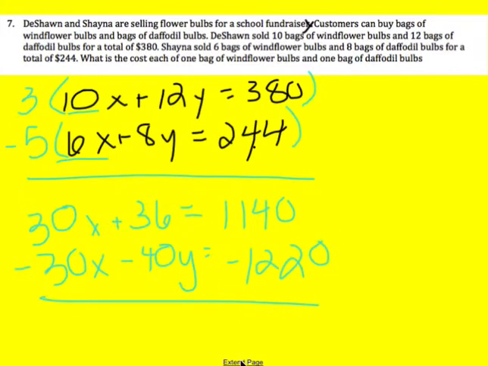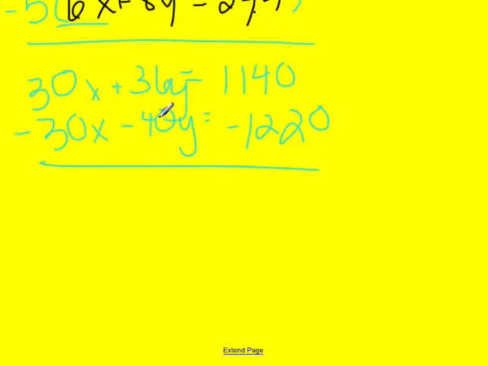So now I'm ready to solve by elimination, and this should have a y with it. So here I'm going to end up with a negative 4y, and then we're going to add down that column there, and I end up getting a negative 60 here. So now I'm going to divide both sides by a negative 4, and I end up with y is equal to 15.